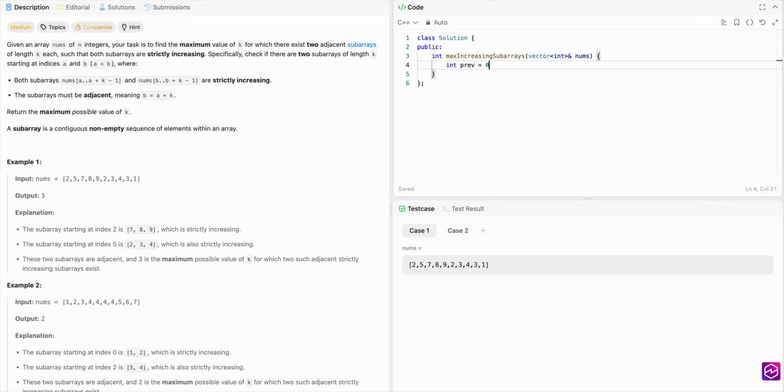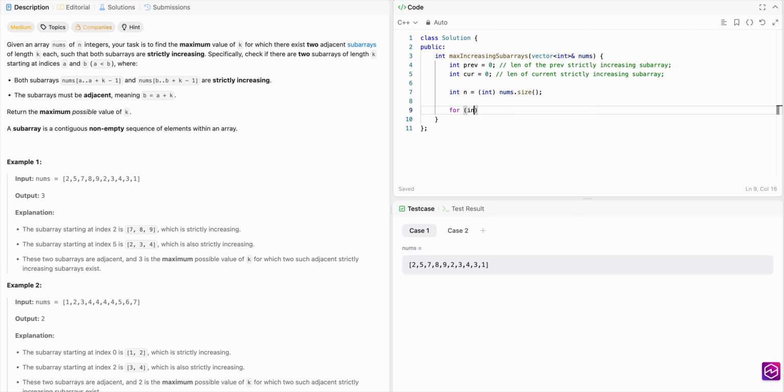Previous is basically the length of the previous strictly increasing subarray, and curr is the length of the current strictly increasing subarray. So what I'm going to do is iterate on our nums.